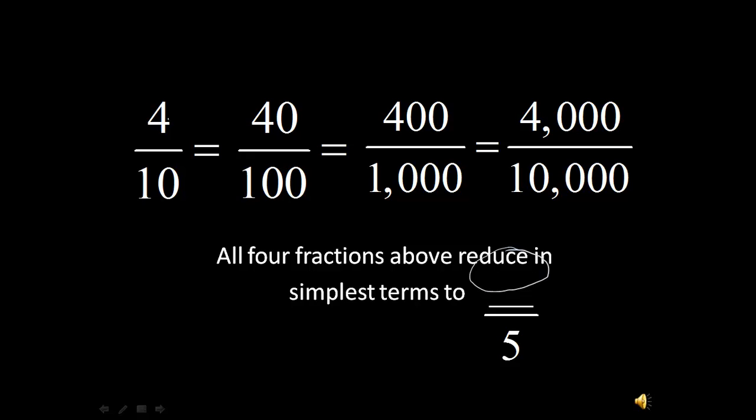Okay, well, hopefully you considered that the answer here, if you reduce, 4 divided by 2 is 2, 10 divided by 2 is 5. Notice it does reduce to 2/5.